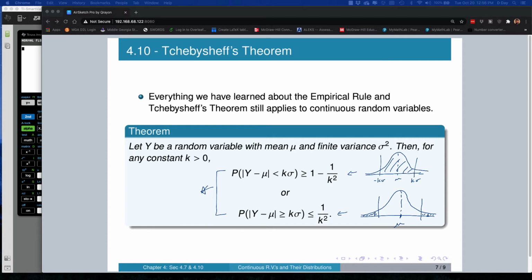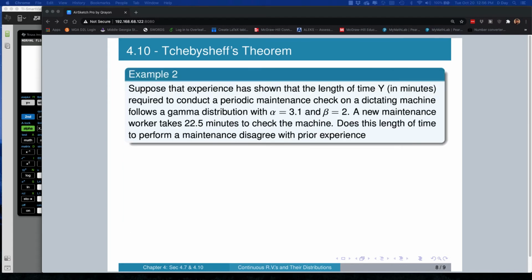So let's do an example using this real quick, and this lecture will be pretty much done. All right, so example 2 says, suppose that experience has shown that the length of time y in minutes required to conduct a periodic maintenance check on a dictating machine follows a gamma distribution with alpha equal to 3.1 and beta equal to 2.